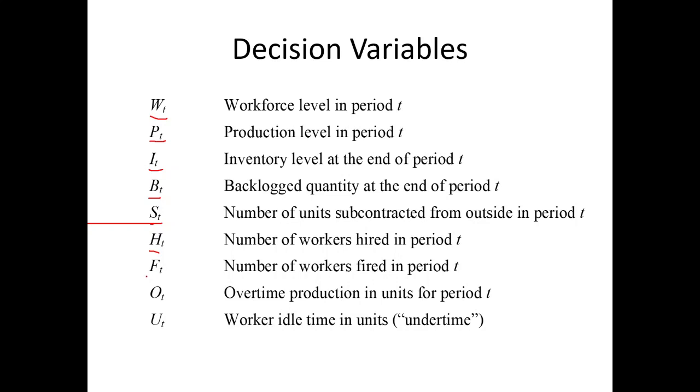F sub T is the number of workers fired in period T. O sub T is the overtime production in units for period T. U sub T is the worker idle time in units, which we call the undertime in period T.